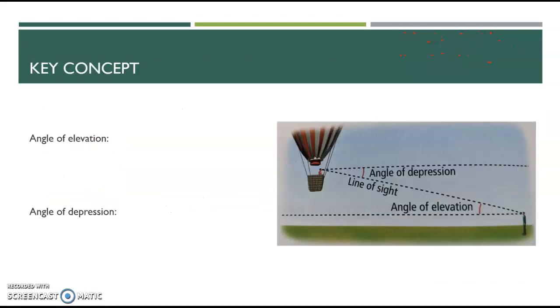We are going to talk real quick about angle of elevation and angle of depression. These two pieces of information, especially if you end up taking a physics class, you will hear of quite often.